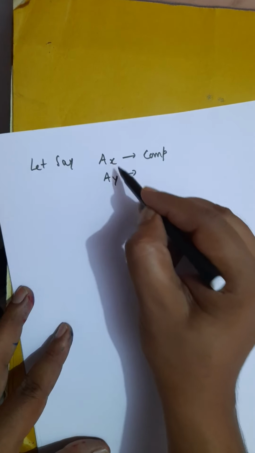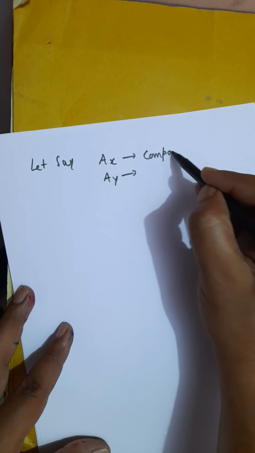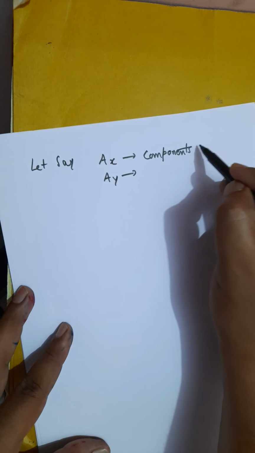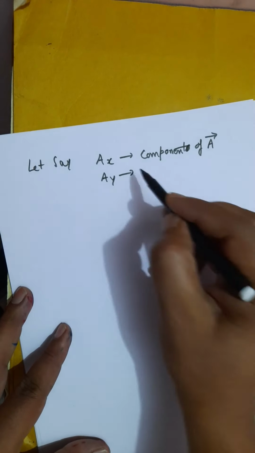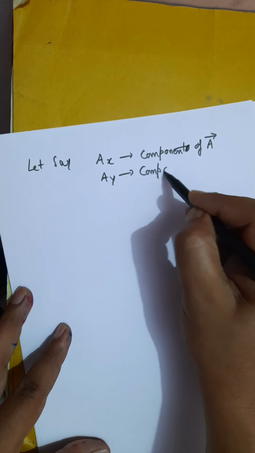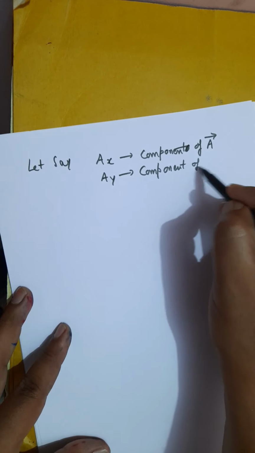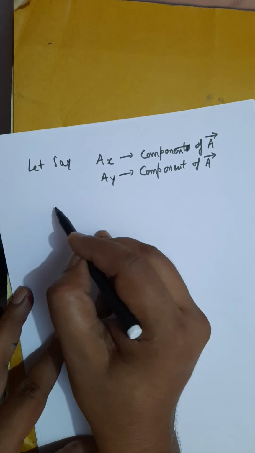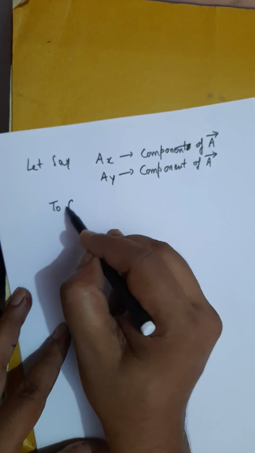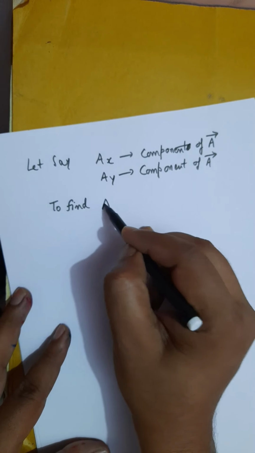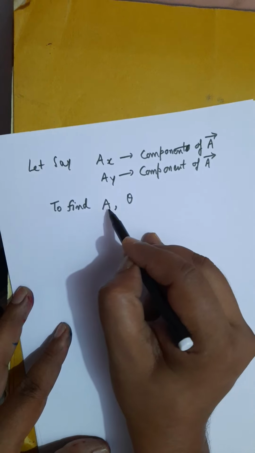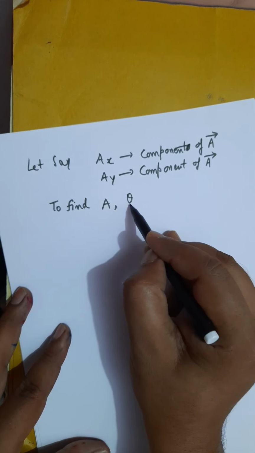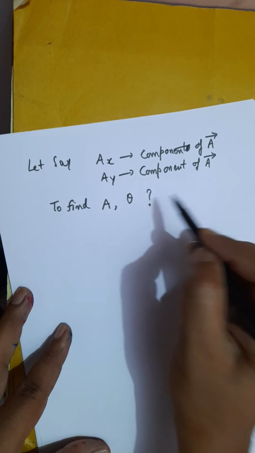X stands for x component and y stands for y component. So they are the x component of vector A, and ay is called the y component of A. And now my target is to find the magnitude, that is A of the vector, and in which direction the vector is. Now we want to find the magnitude and the angle, that is the direction part.